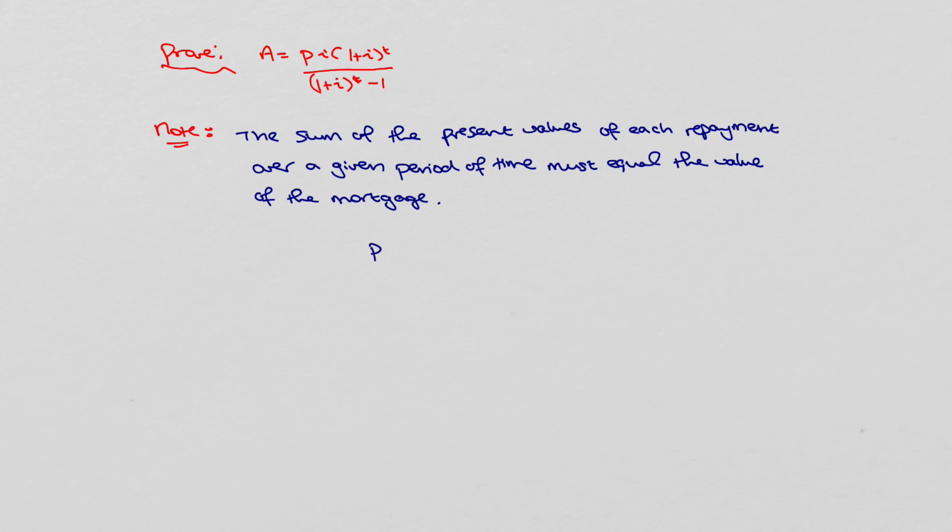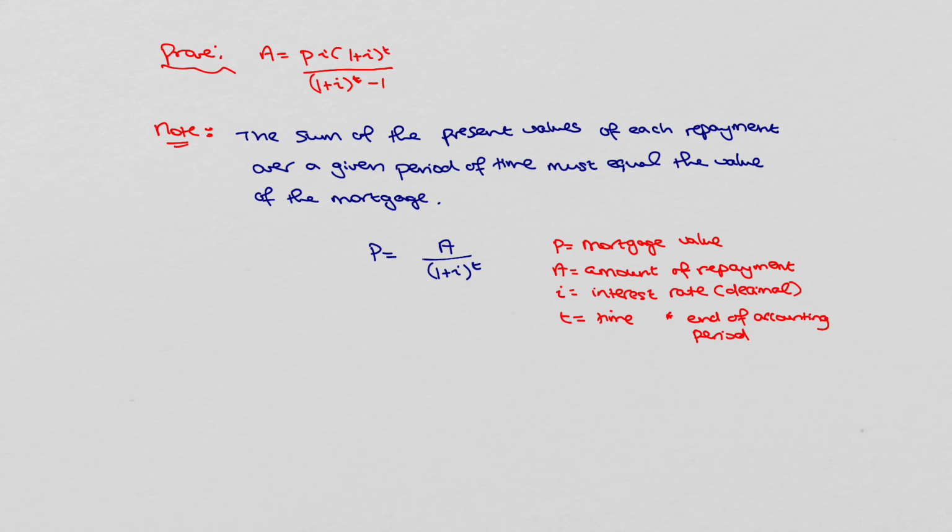So in other words, our present value would be given by the amount divided by (1 plus i) to the power of t for each repayment made, and then that would be set up as a geometric series, where P is our mortgage value, A is the amount of the repayment, i is the interest rate in decimal, and t is our time, so our compounding periods.